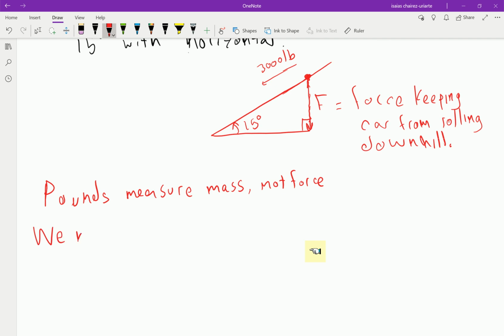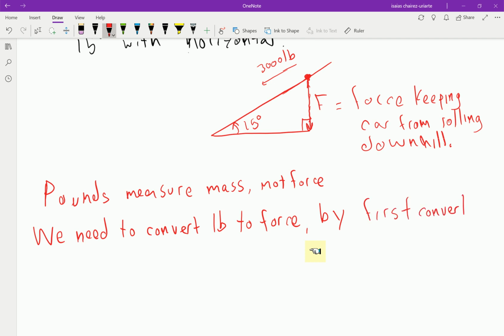So we need to convert pounds to force by first converting to kilogram, and then converting to newtons.